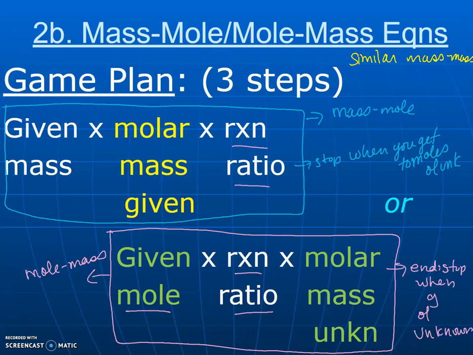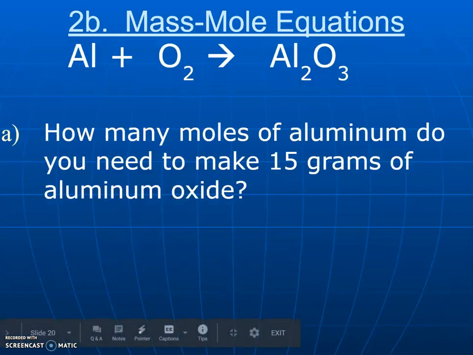Sometimes you need to cut out the last step of a mass problem or cut out the first step of a mass problem, so you have to really understand the relationship between grams and moles. If you haven't looked at the mass or the mole videos, be sure you do that before you go any further.